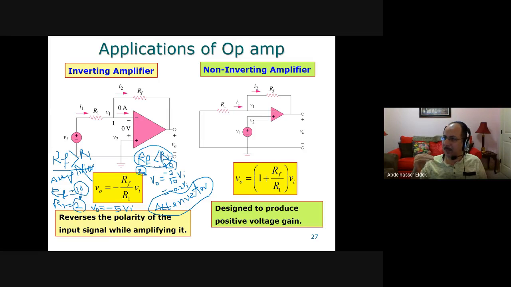You are multiplying the input by a small number, a number that is less than 1. So in this case it is called an attenuator. And this is useful if you have some noise, for example. If you have a source of noise and you want to decrease it, how do you do that? You multiply it by 0.2, so you actually divide it by 5. This equals negative Vi divided by 5.